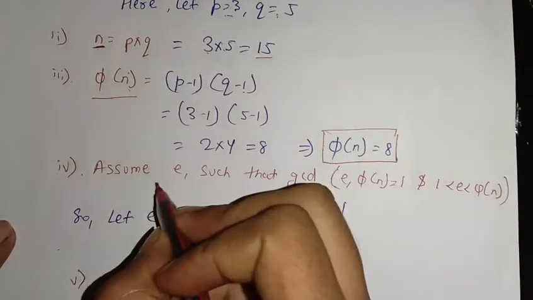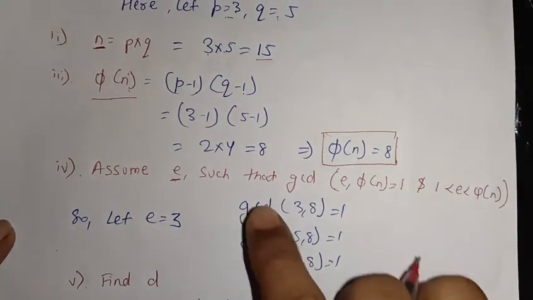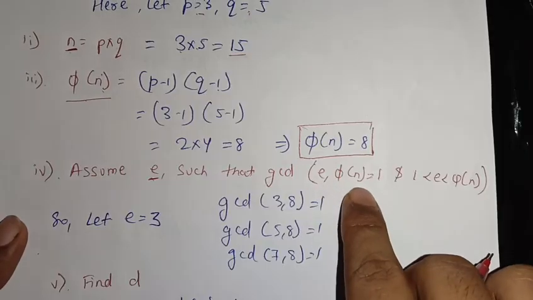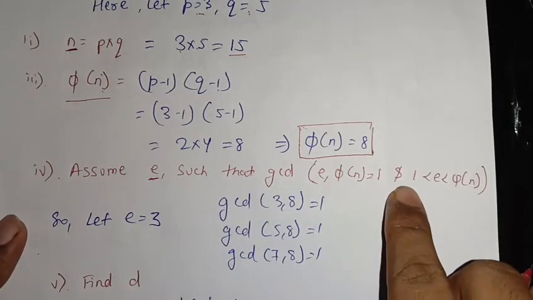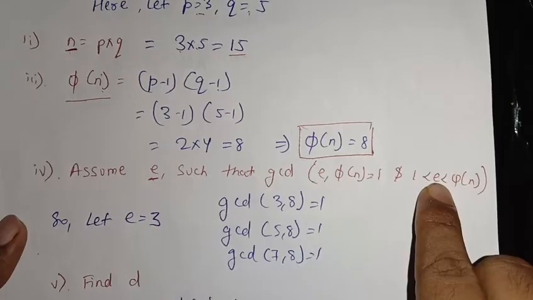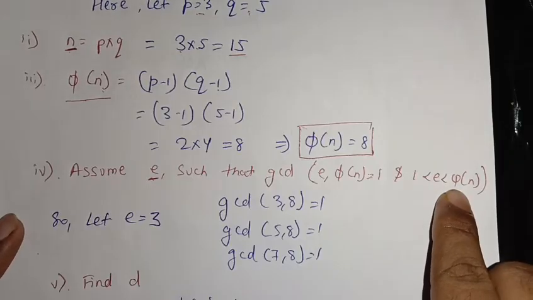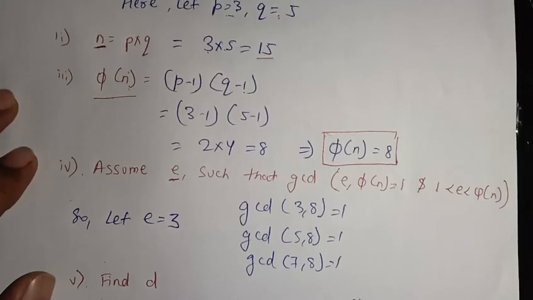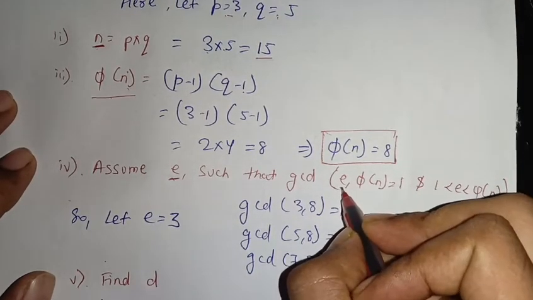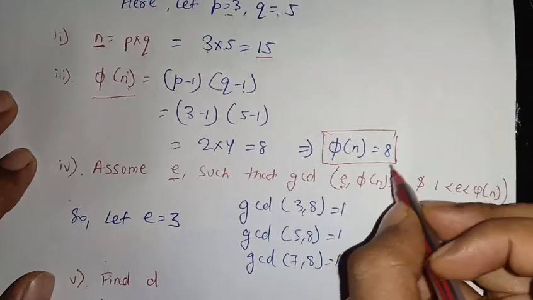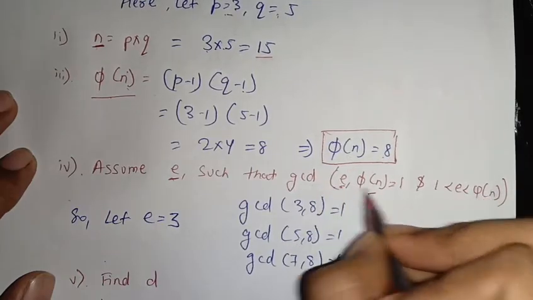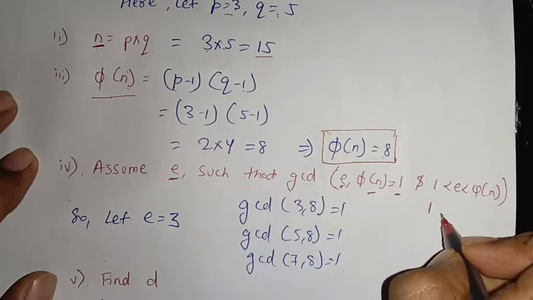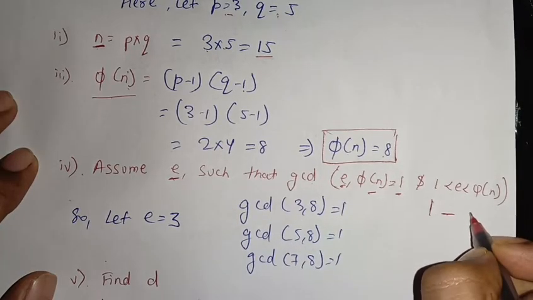Now just assume the value of e, and the condition is that the GCD of e comma phi n is equal to 1, and e should be greater than 1 and lesser than phi n. What does it mean? It means that whatever value of e we assume, the GCD of e and phi n will be equal to 1, and the value will be in the range of 1 and 8.